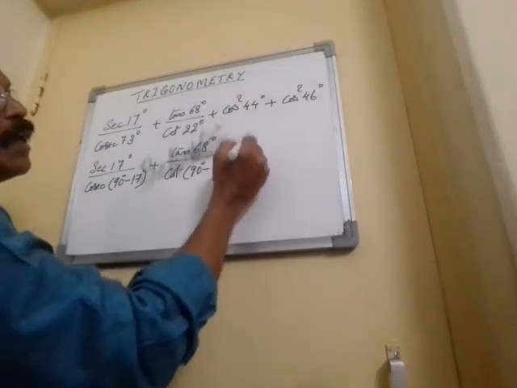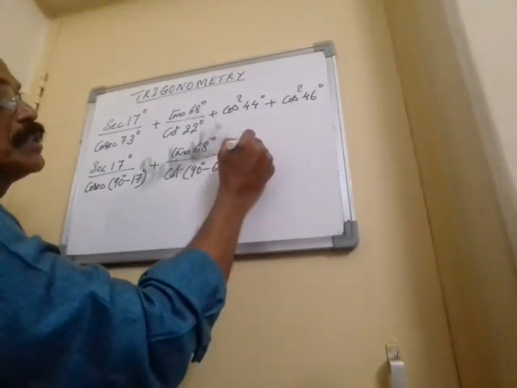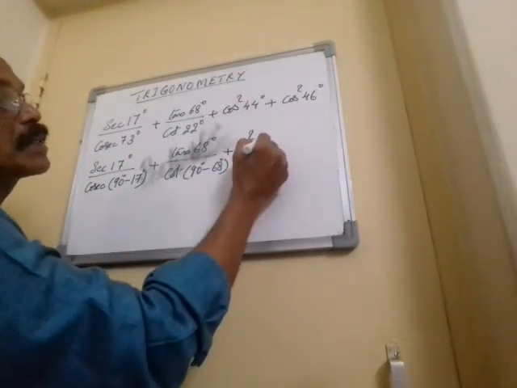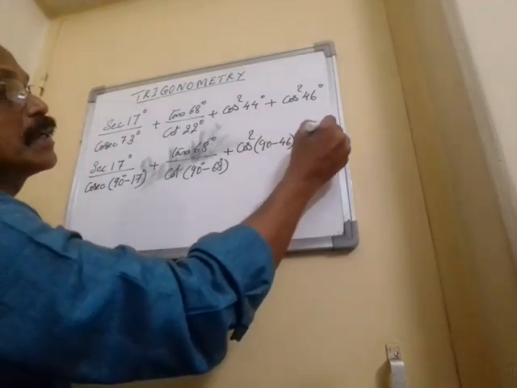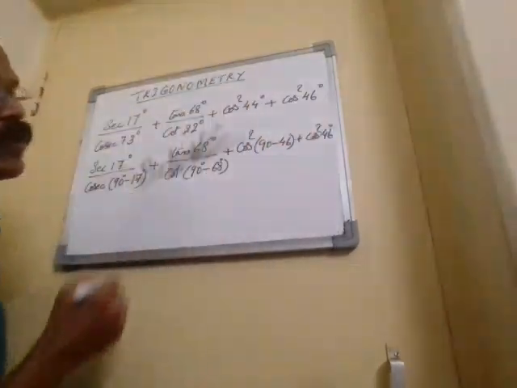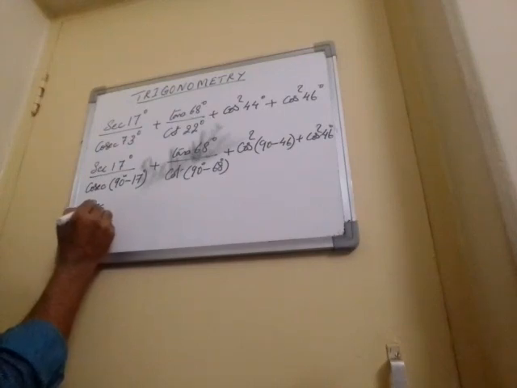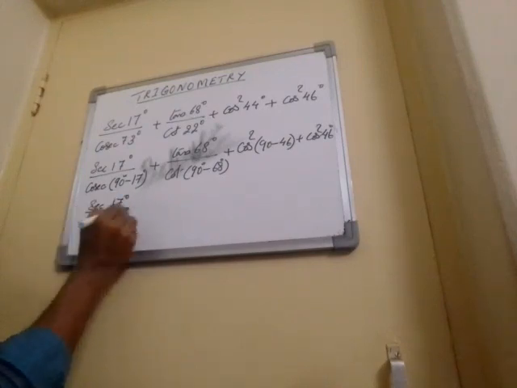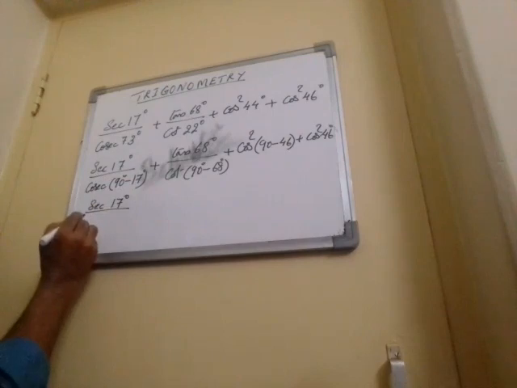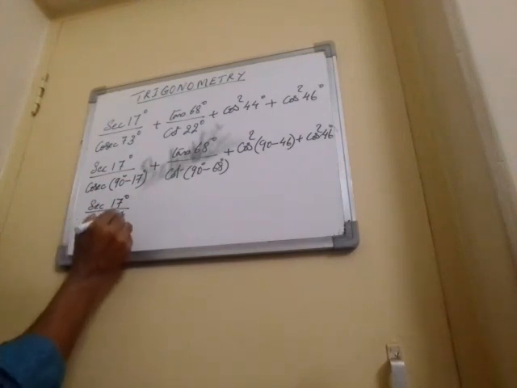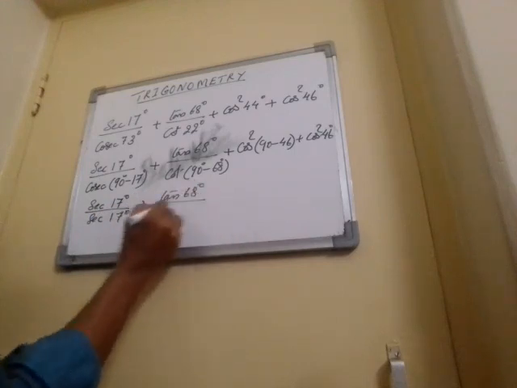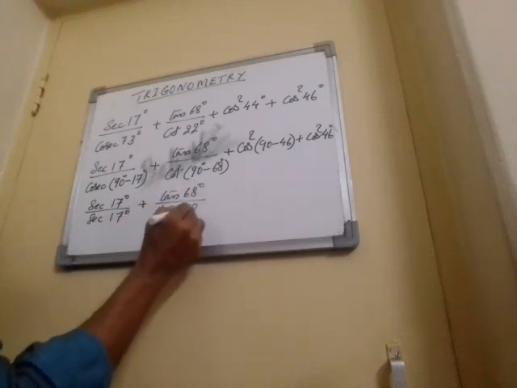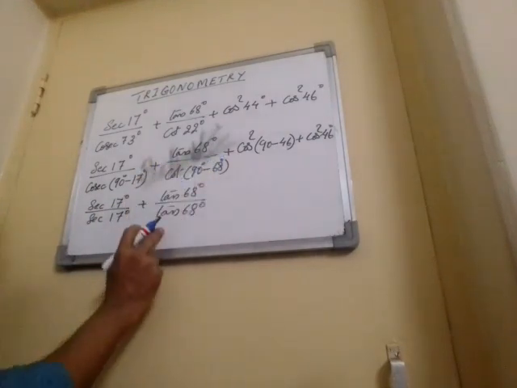Plus, either one we have to change. So I am changing cos square 44, we can write as cos square 90 minus 46, plus cos square 46. Again, don't change both, only one term we are changing. Now sec 90 minus theta is cosec theta, so sec 17 by sec 17, plus tan 68 by tan 68, using the formula cot 90 minus theta is tan theta.